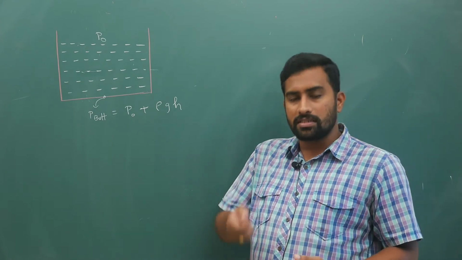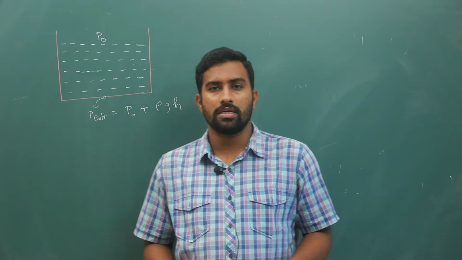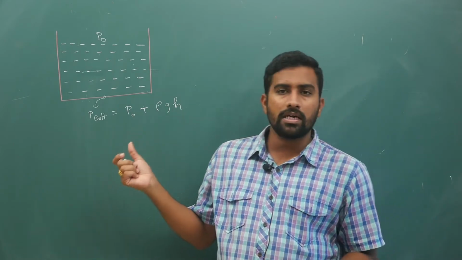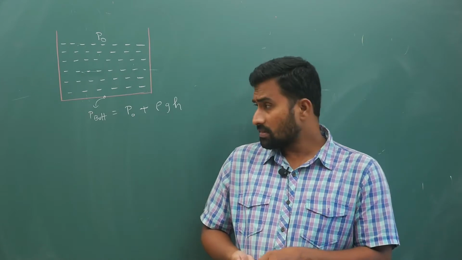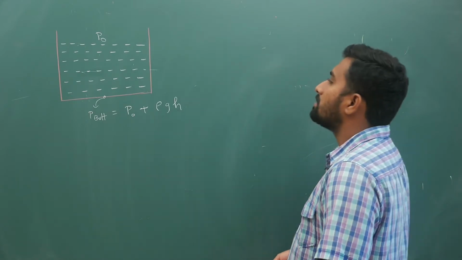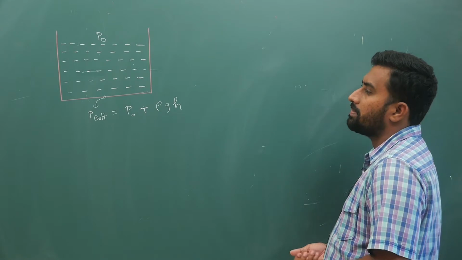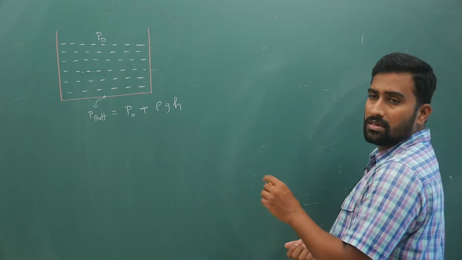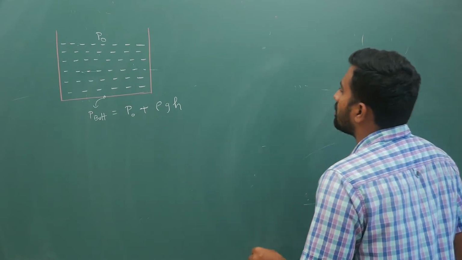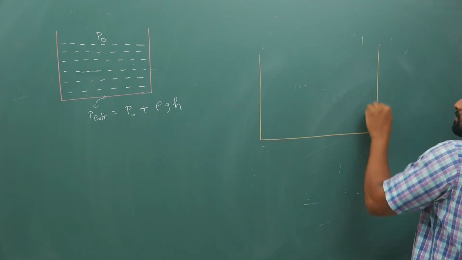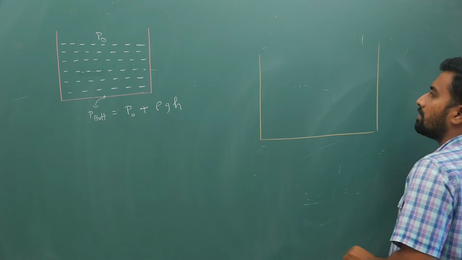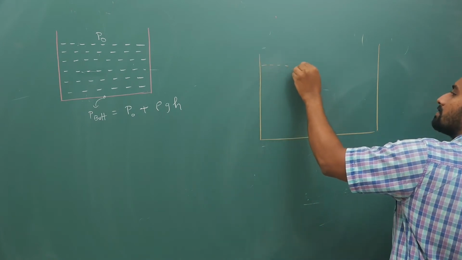Now in today's class, we will calculate pressure at different points of a liquid. Within the same liquid, we will see what happens to the pressure. We will try to calculate pressure and force in today's lecture. Let us say you have a container like this.